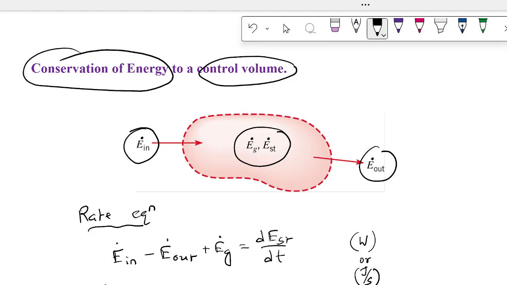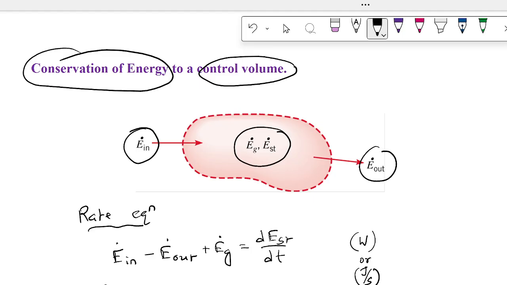So where E dot in is energy in, E dot out is energy out. You'll be feeling excited from next class when I start dealing with the Fourier law, the differential equation.